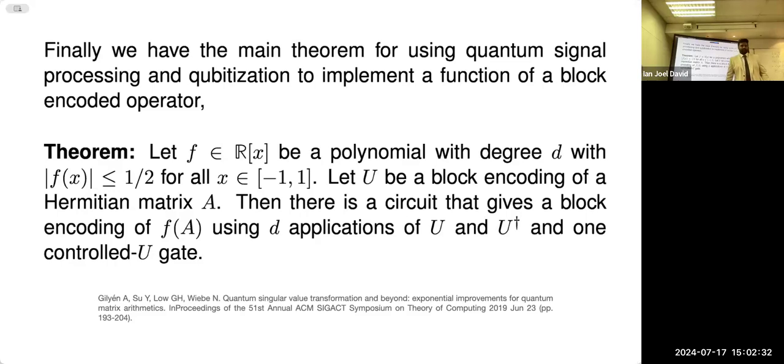So we can have a circuit that will do this, right? So that's the main theorem for signal processing, and you can find it in that reference.